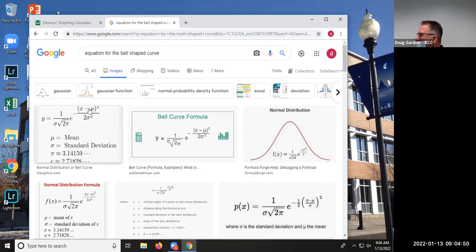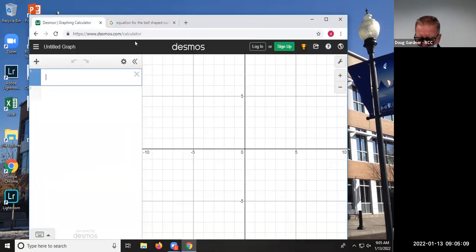And so to keep this really simple, I'm going to make the mean 0 so that the graph will be centered at the XY axis, if you know anything about that. And then I'm going to make the standard deviation 1. Notice the standard deviation shows up here and here. So I'm going to type that into this graphing calculator. I'm probably going to get this wrong.